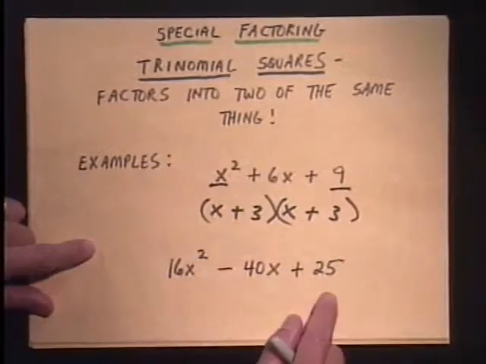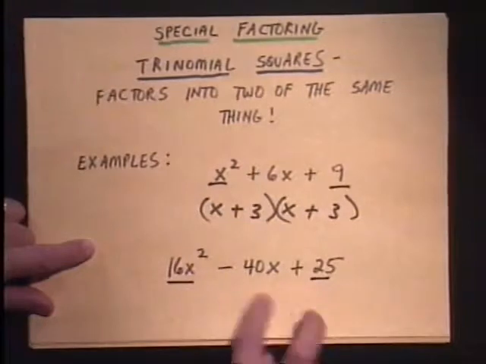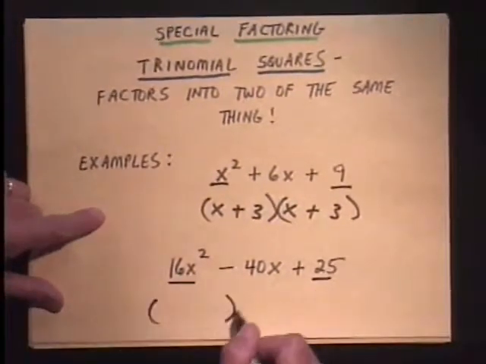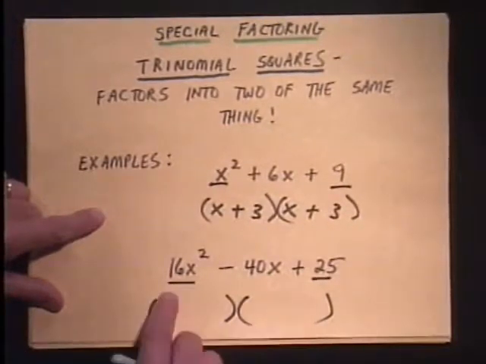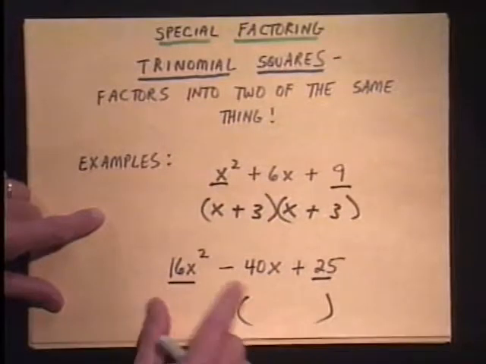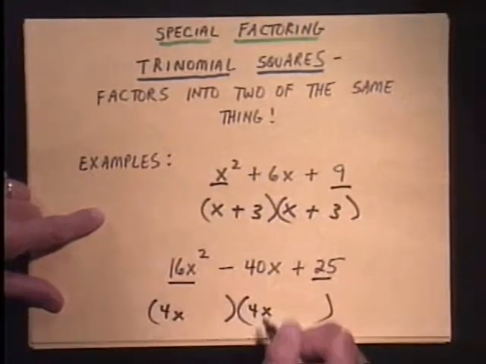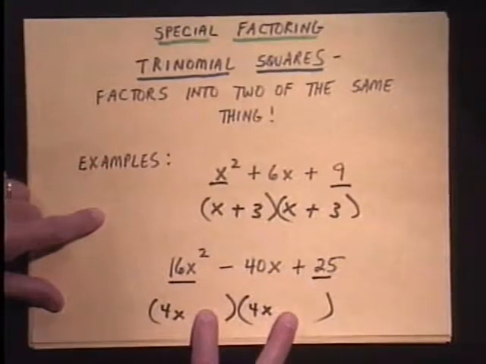All right, second example, again, notice this format. First and last terms are perfect squares, so if you look for that first, we can go ahead and see if we can get two of the same things out of that. What two of the same things multiplies to give me the first term, 16x squared? 4x, 4x. Now both signs have to be the same here as well. They either have to be both pluses or both minuses.